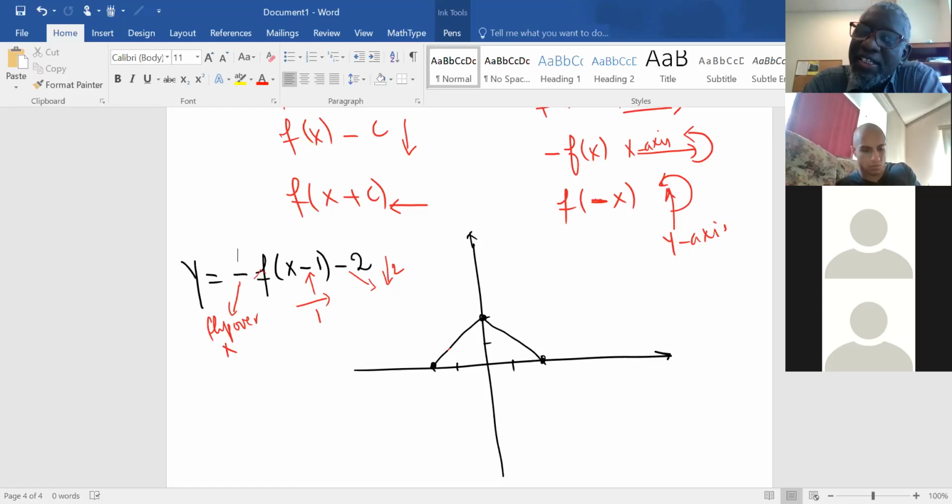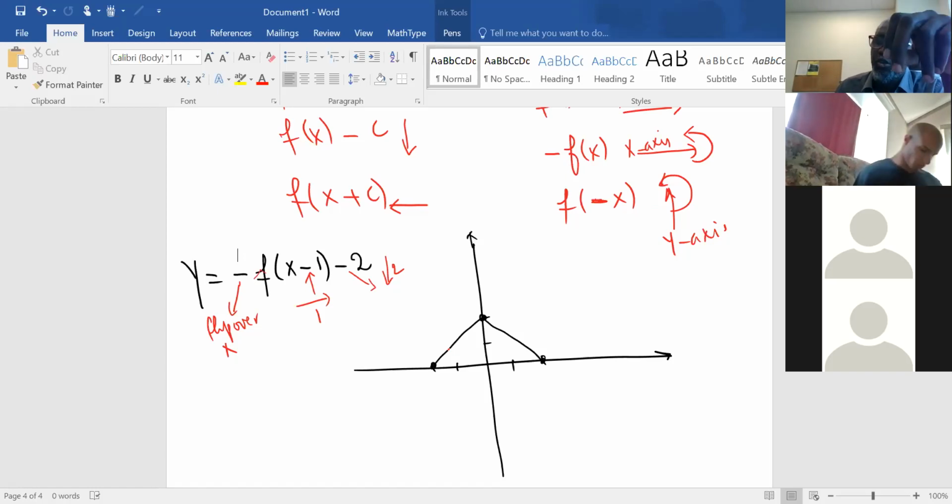The going down is after you're done flipping, you have to go down 2 units. That is the only requirement here. The flipping and the going down have to be done in a certain order, but everything else is good.